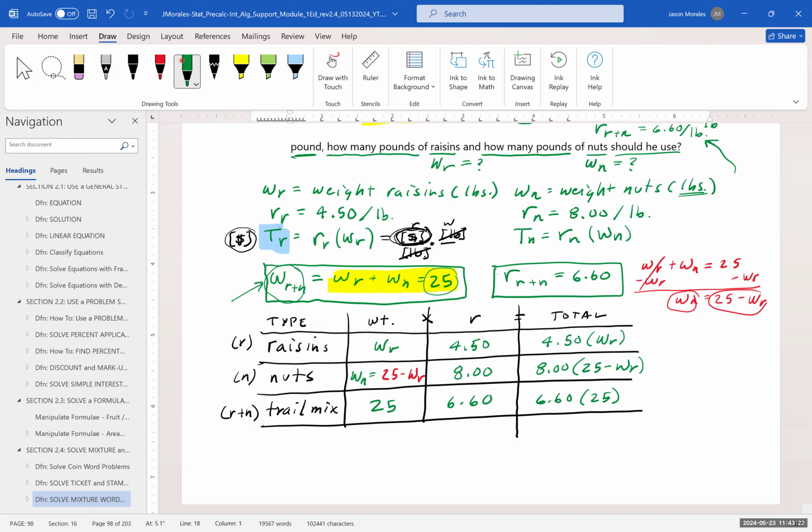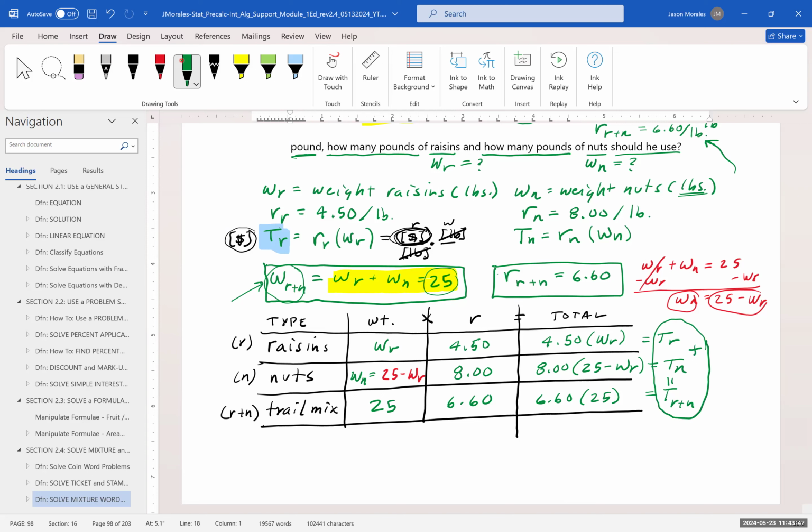All right, so what we've got here is the total for raisins. Here we've got the total for nuts. And here is where we have the total with raisins and nuts. And so if we add the total for raisins and nuts, that gives us the total of raisins and nuts. That's the trail mix.